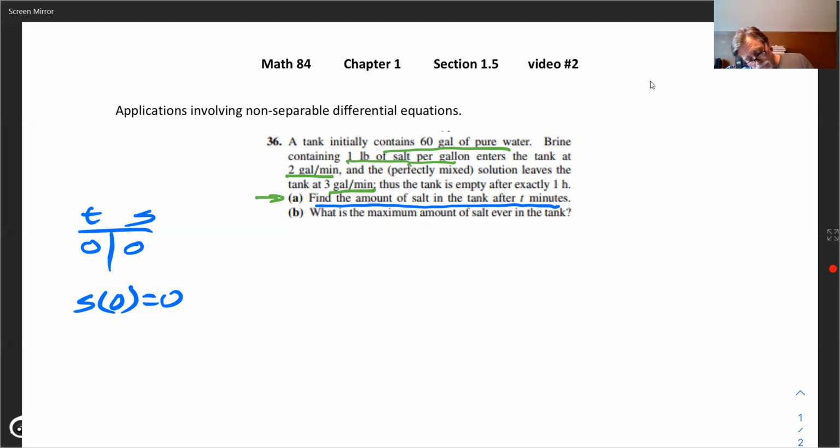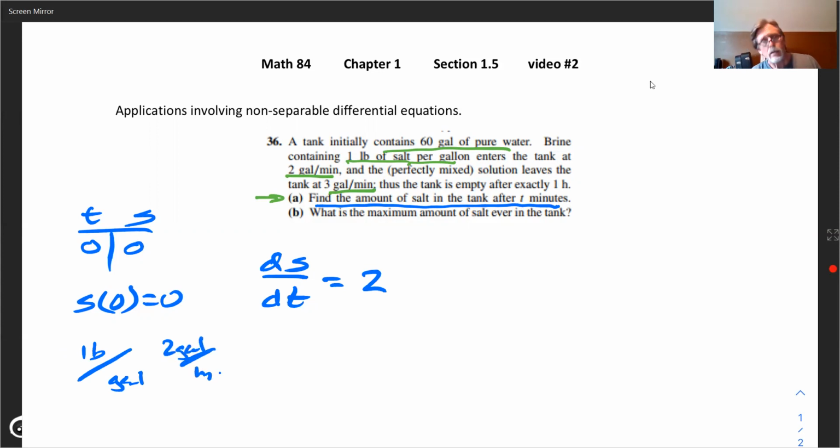So I'm going to start writing a differential equation. The rate at which the salt changes with respect to time, welcome to differential equations, is equal to 2. Because why? It's 1 pound of salt per gallon, but it's 2 gallons per minute coming in.